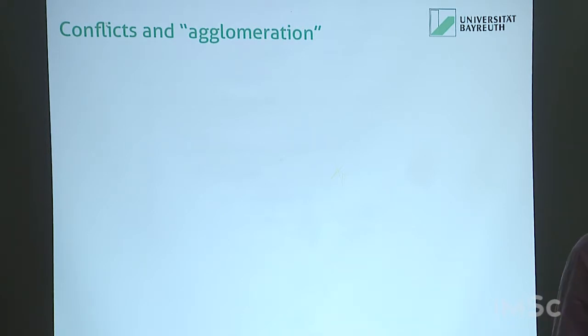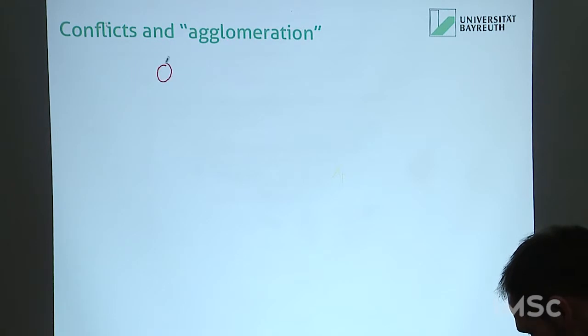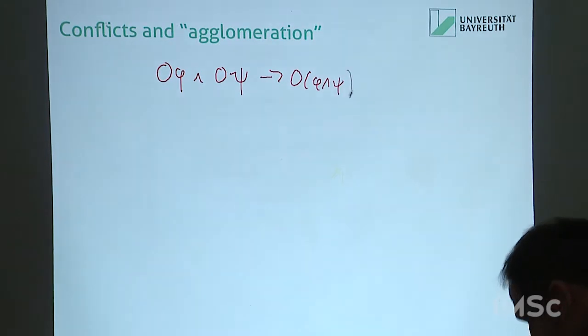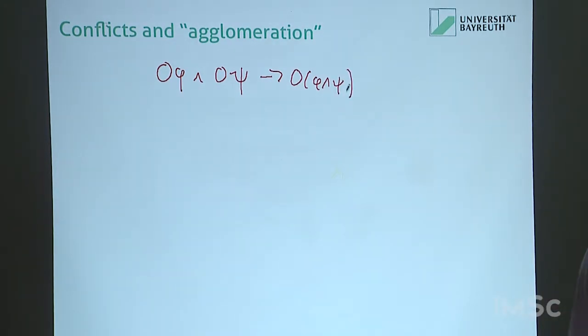All right, so I want to finish this story about conflict by talking about what philosophers call agglomeration, which is essentially closure under conjunction. So I mentioned if you have a logic which is conflict tolerant, you'd better give up that principle. Because even though you might like normative conflict, most people dislike the idea that you ought to do the impossible thing, right?